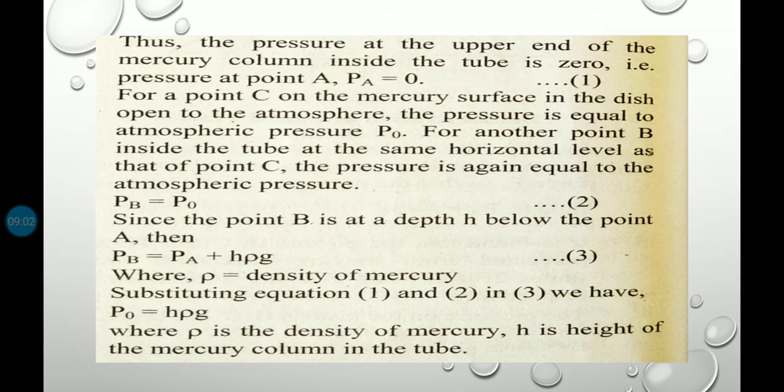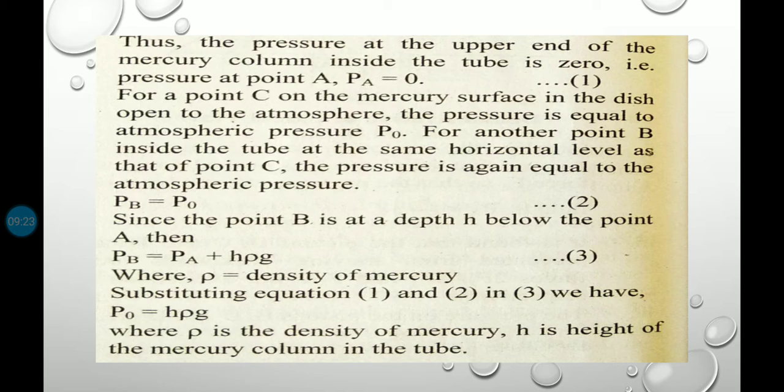That's why we can say that PB is equal to P0. Since the point B is at a depth h below the point A, PB is equal to PA plus h rho g, where rho is the density of mercury.